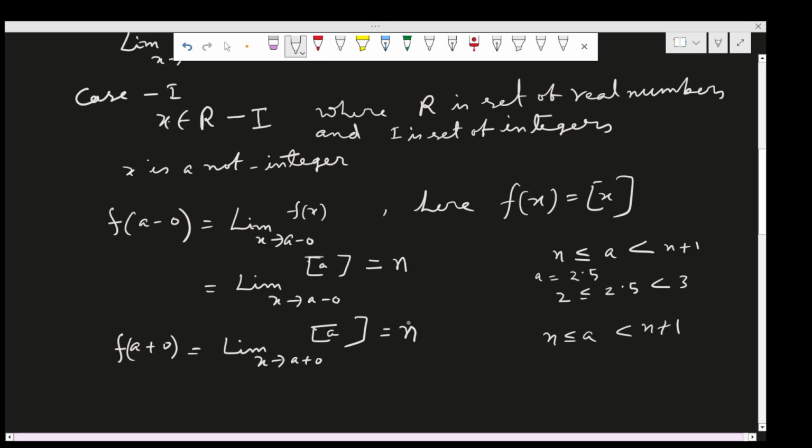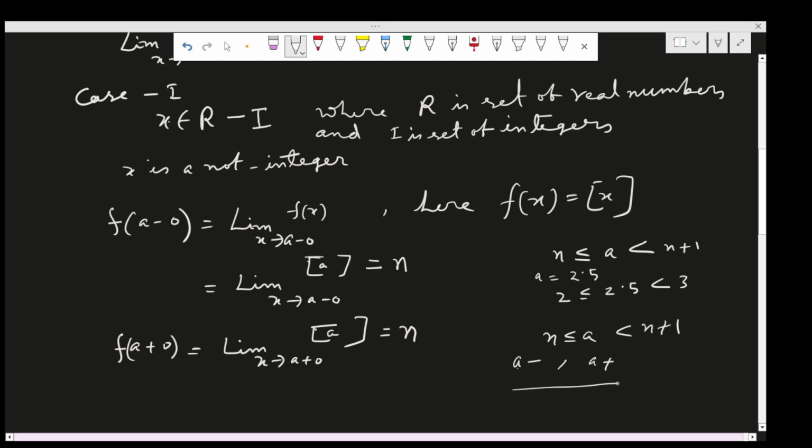See, both cases n, because whenever just less than a, greatest integer is n, and just greater than a, also greatest integer is n.